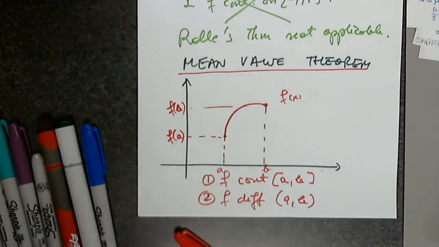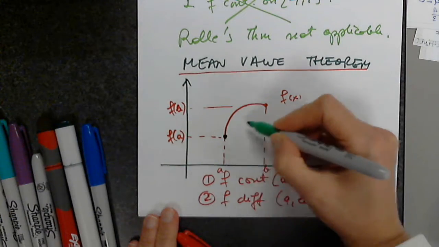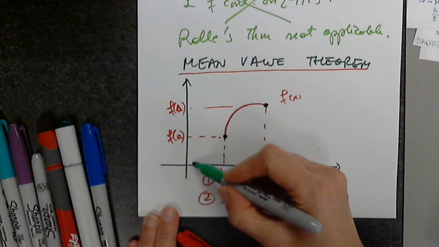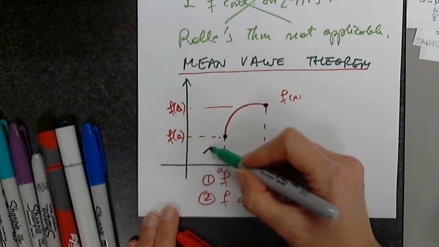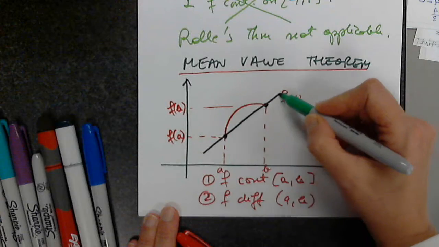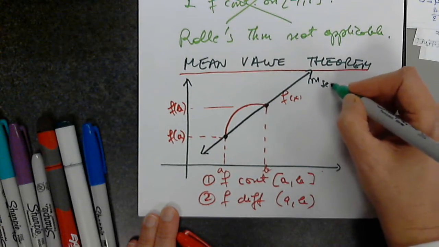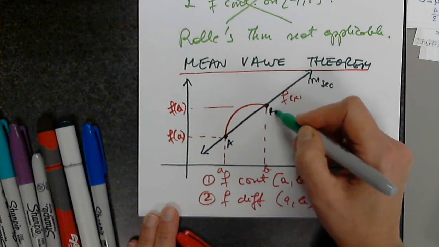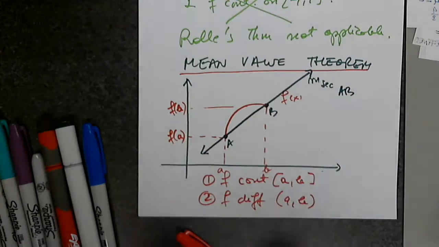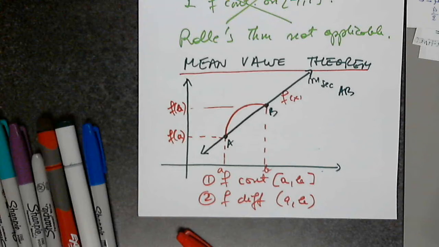And now I'm going to connect these 2 points with a line. So this is a line called, let's say, secant line AB. I know it's not the tangent, it has nothing to do with it. It's a secant line between A and B.